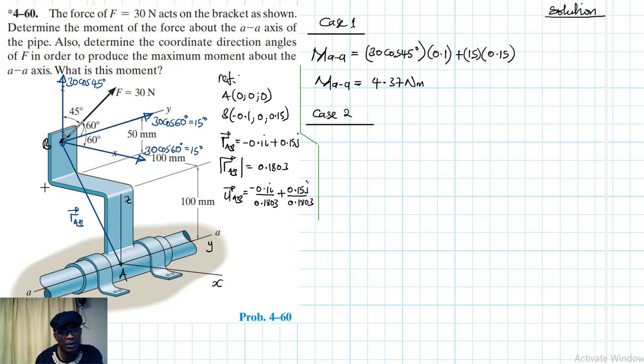So like we said, we are going to dot two of these vectors along this position vector AB. So we'll have one unit vector from A to B and another unit vector along F, this new F that is perpendicular to AB, right? So we'll have this expression UAB dot UF, the unit vector along the new force.